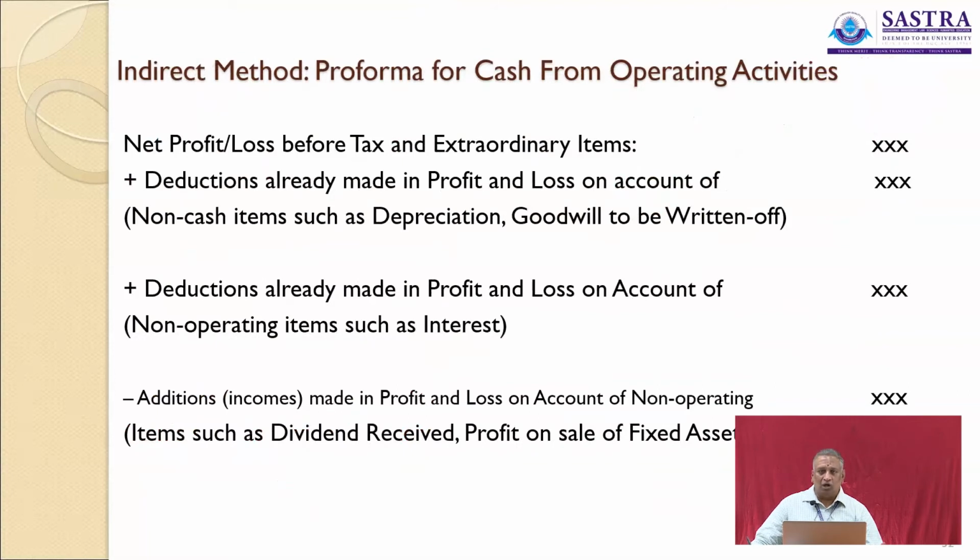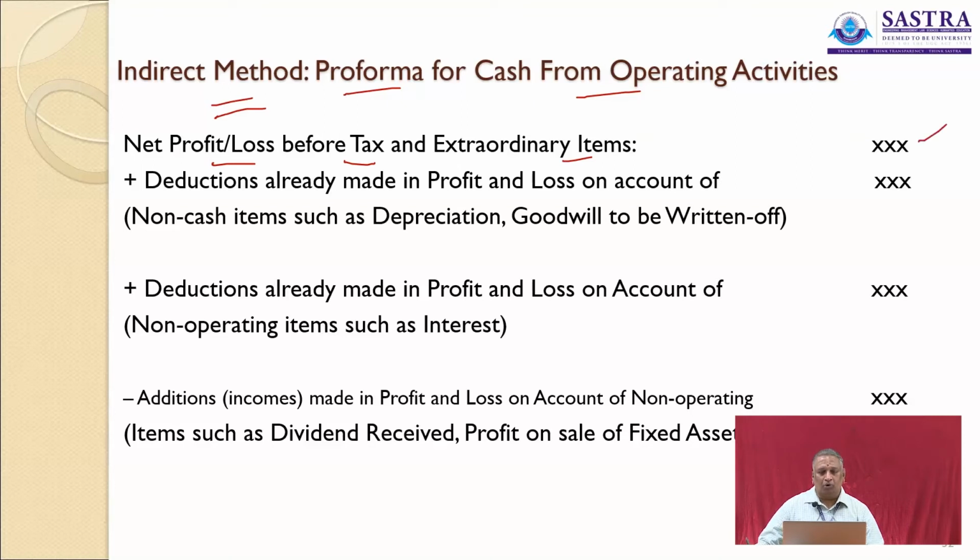So now let us look at the pro forma of cash from operating activities under the indirect method. As we discussed earlier, you have to start with net profit or loss before tax and extraordinary items, which are of an unusual nature.